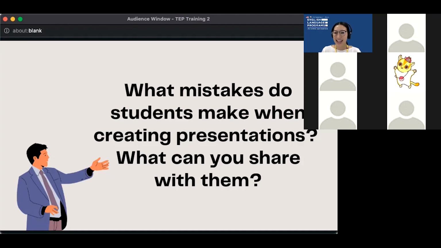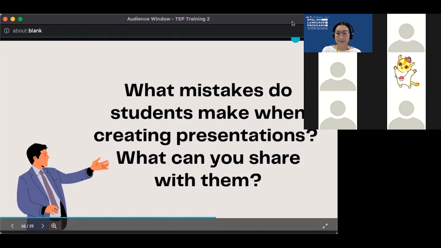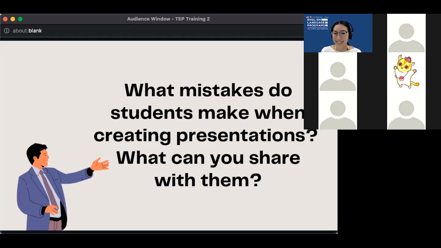Any other mistakes? No? Okay, well, we'll go ahead and move on. If anyone else has other things they would like to add, you can type it in the chat box.